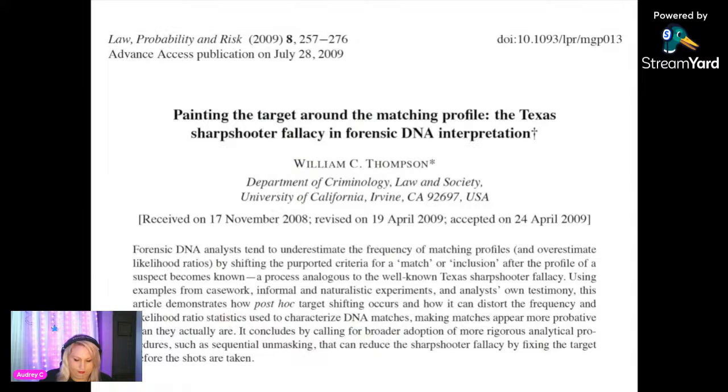Professor Bill Thompson has written about the Texas sharpshooter fallacy in forensic DNA interpretation. That's where the target is painted around wherever the bullet actually is, rather than trying to get the bullet in a neutral target in the first place. And he's described how the bias of knowing what the answer is supposed to be, the DNA profile, can shift the DNA match target to a desired biased result.